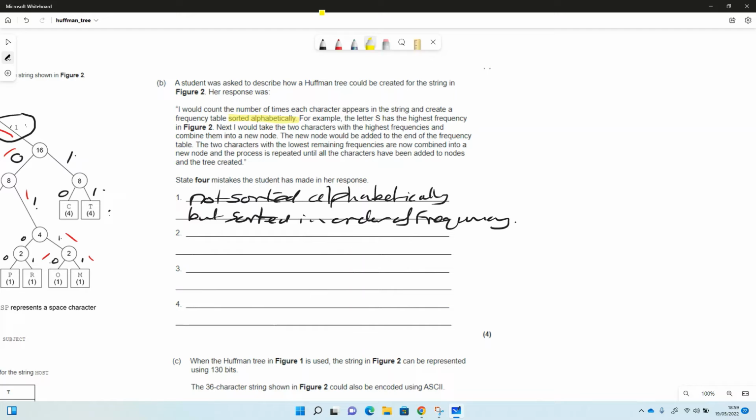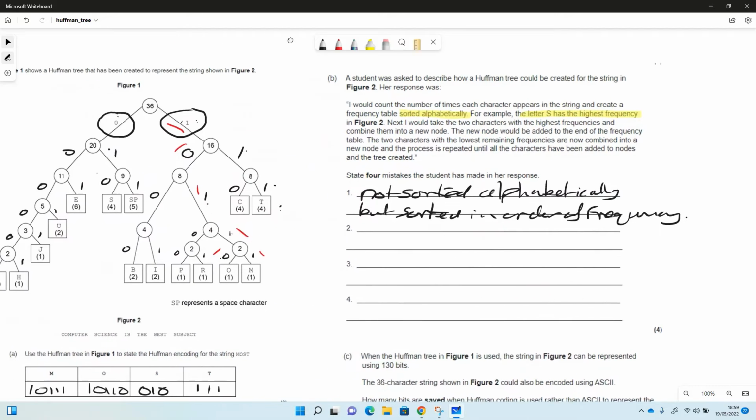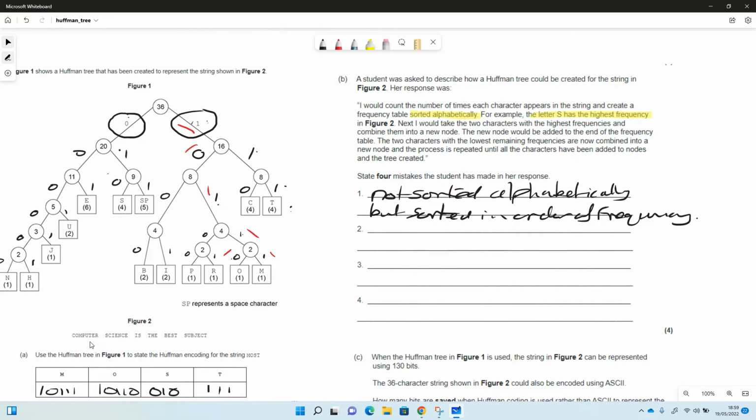So then, for example, the letter S has the highest frequency in figure 2. So let's just check that out to see whether it does or not. So the letter S, does that have the highest frequency? Well, there's 1, 2, 3 of them, 3 S's, or is there 4? 1, 2, 3, there's actually 4 S's.